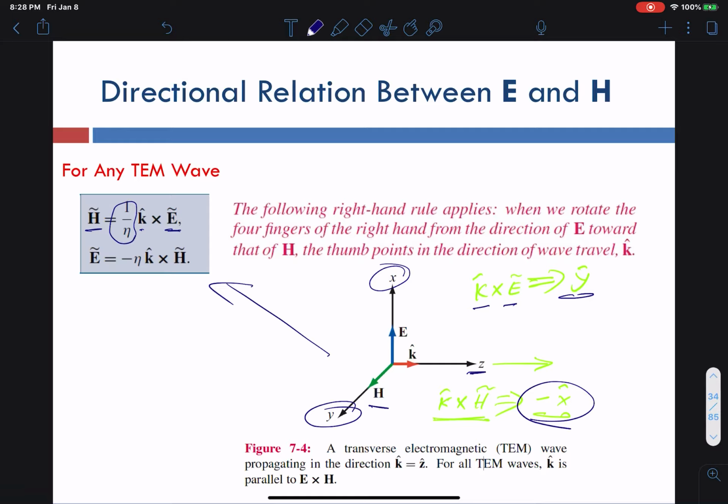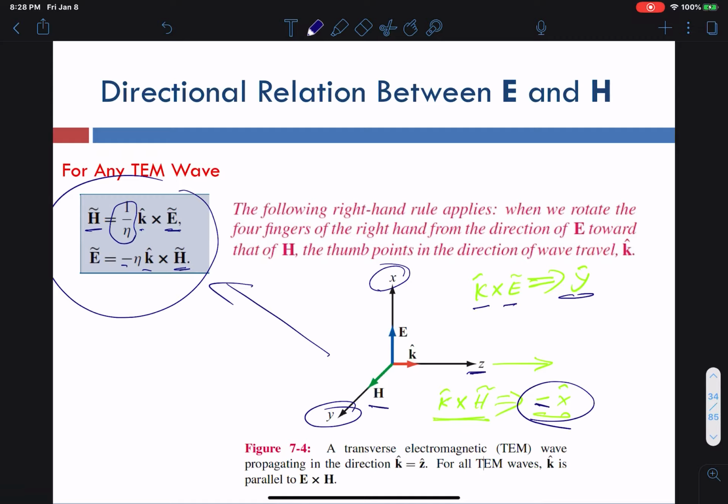And for the E, which is in the X direction, it's a negative X direction, that's why there is a negative on this side. Then eta, which is a constant, times k cross H. So this is the common relationship between the magnetic field and electric field in wave propagation.